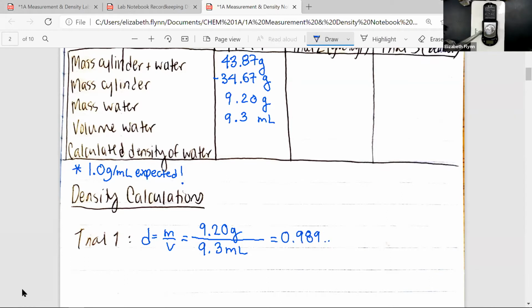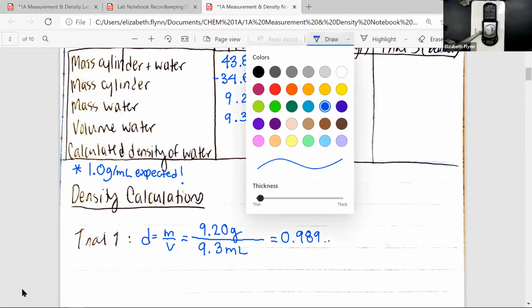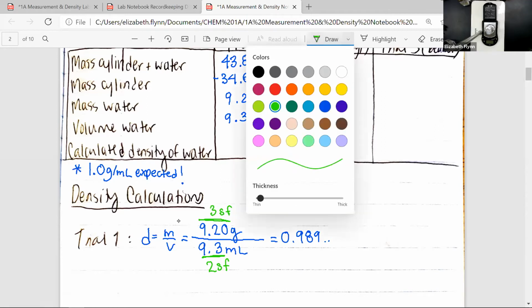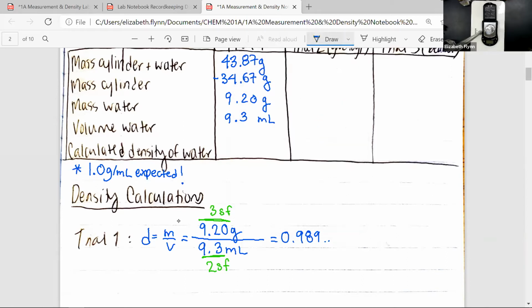0.989, etc. But we need to make sure that we round to the correct number of significant figures. So how many significant figures do we have in this number right here? There's just two significant figures here. How many significant figures are in this number, 9.20? There's three significant figures here. So we need to round our answer to the fewest significant figures, because this is division.